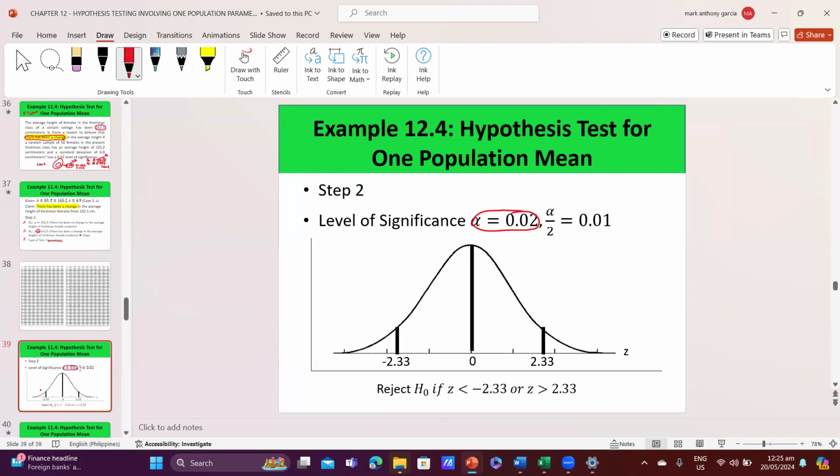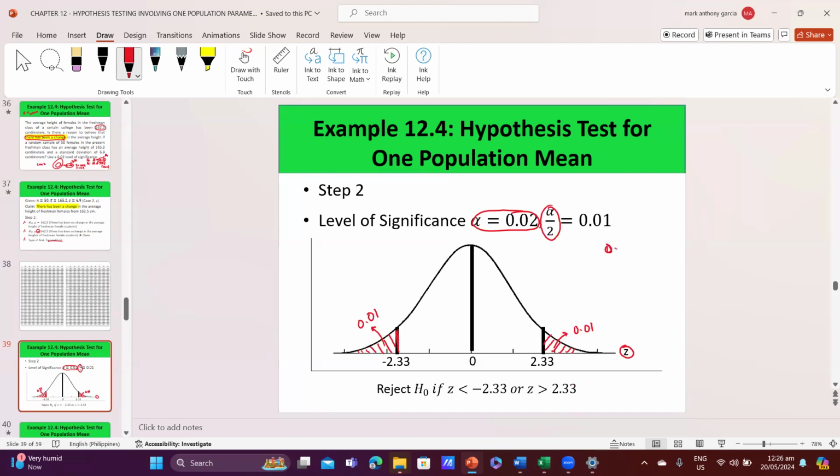And since the test is two-tailed, we are going to shade both the leftmost and rightmost part of this Z distribution. So the area on the leftmost side is 0.01, and the area on the right side is also 0.01. So this 0.01 is obtained by dividing alpha by 2.